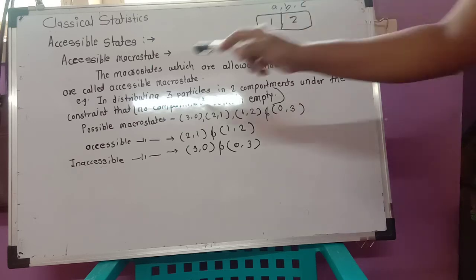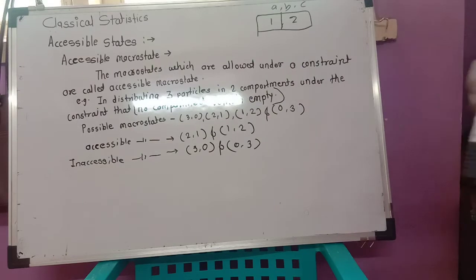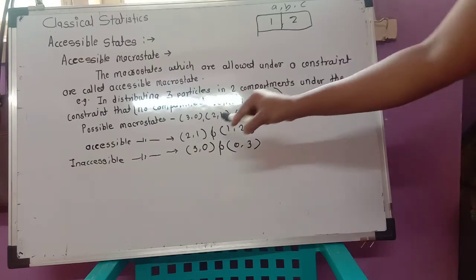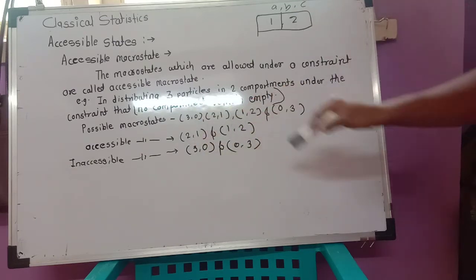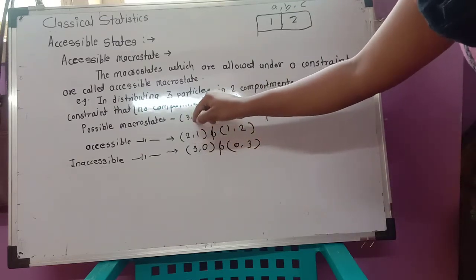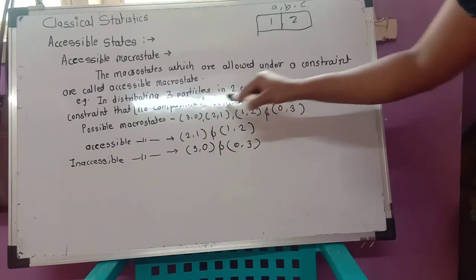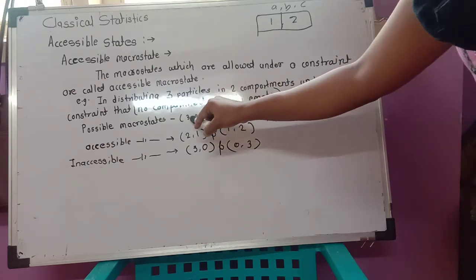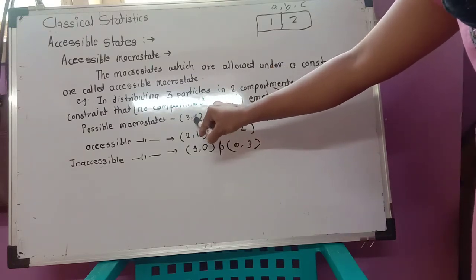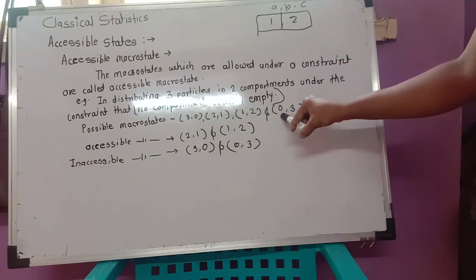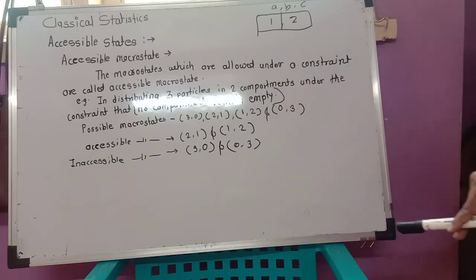No compartment remains empty means how many accessible states are allowed? Here both compartments are filled, and here both compartments are filled. This 3 0 and 0 3 are not allowed microstates. Here the 0 means the second compartment is empty, and here in this distribution the first compartment is empty.